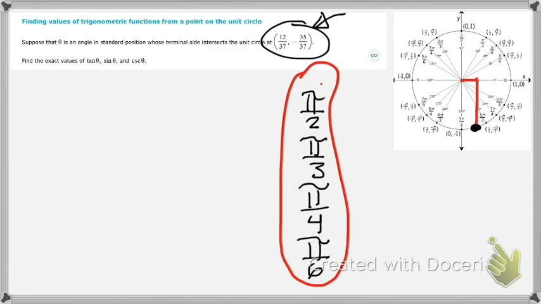And there is an angle that is associated with that point. If I took an angle and rotated around and ended up there, these would be the xy coordinates of that point. Now, the nice thing about this is that I don't need to know anything about the angle measure.